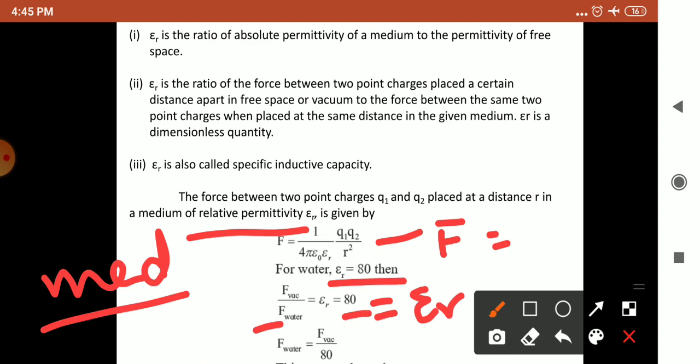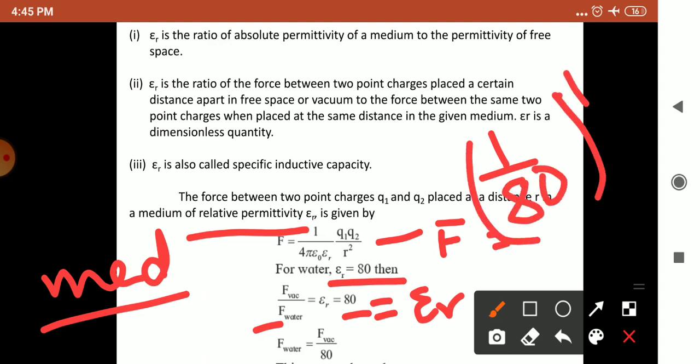So from this we can say, when two point charges are placed at some distance apart in water, the force between them is reduced to 1/80th of the force between the same two charges placed at the same distance in vacuum.